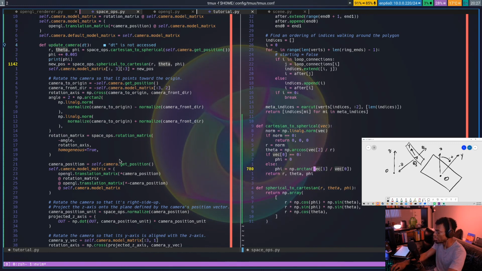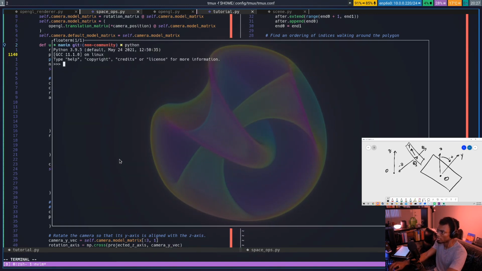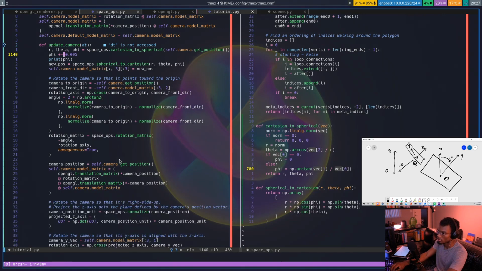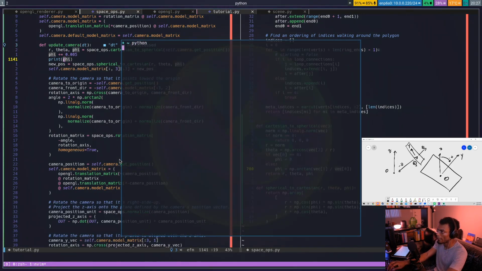Maybe I can make phi always positive? And maybe that'll help? What does Python do if I do a negative number? Like negative 3 mod 10.